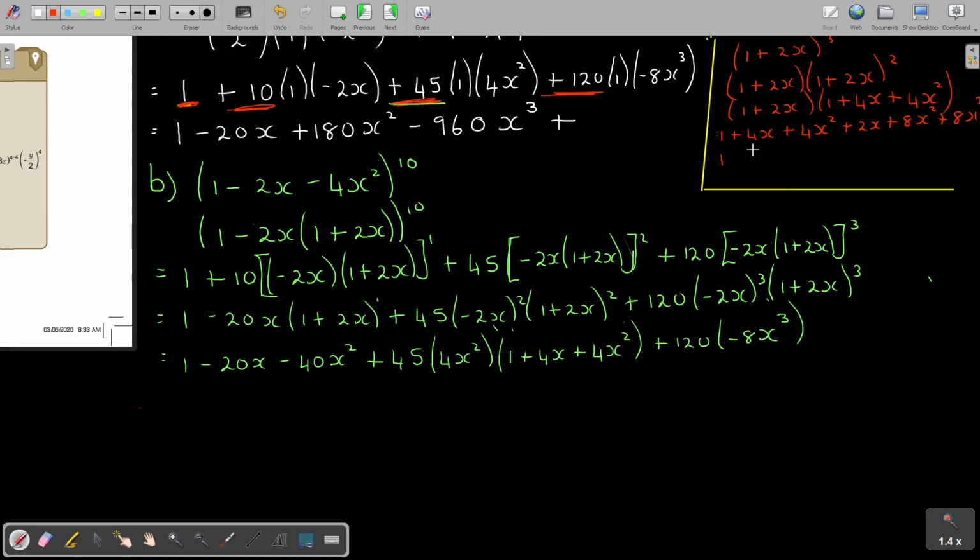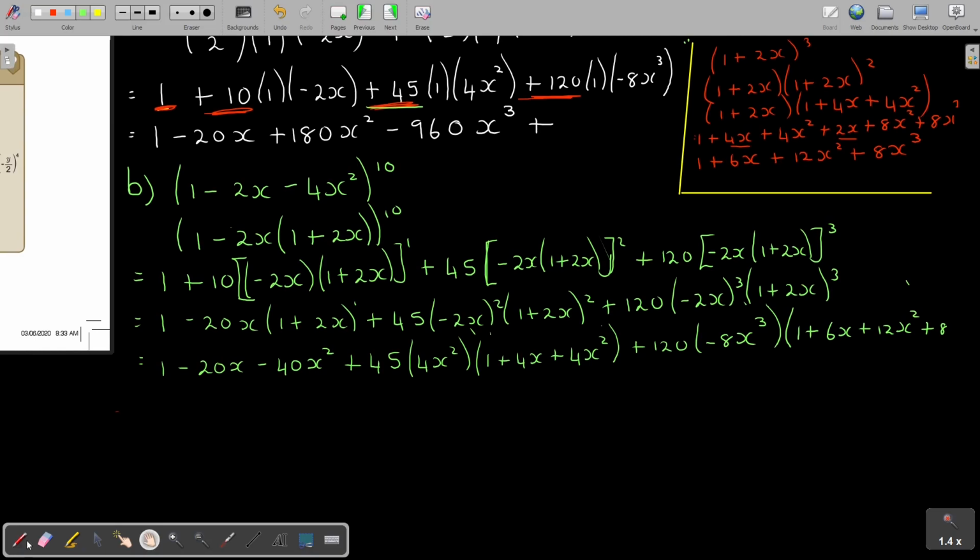So it's going to be 1, 4x plus 2x, so it's plus 6x plus 12x squared plus 8x to the power of 3. So basically, I can just put in here 1 plus 6x plus 12x squared plus 8x to the power of 3.